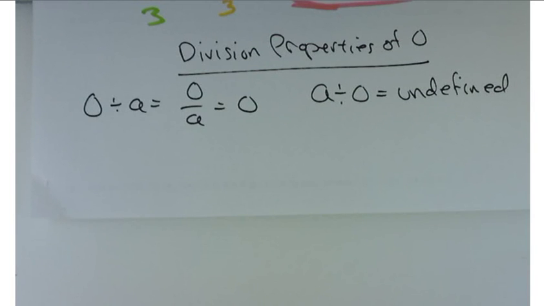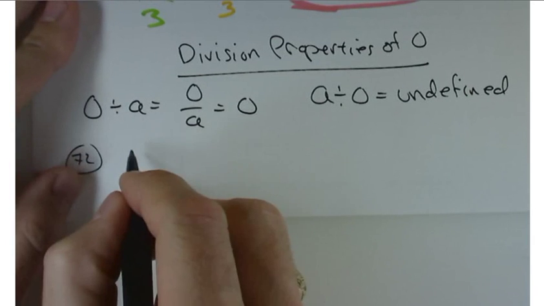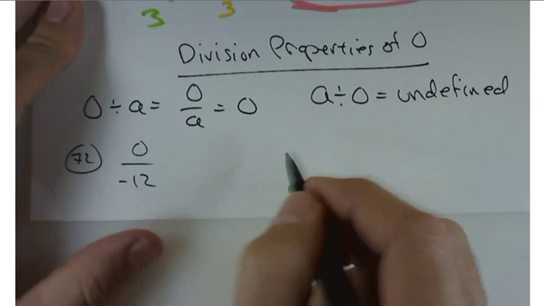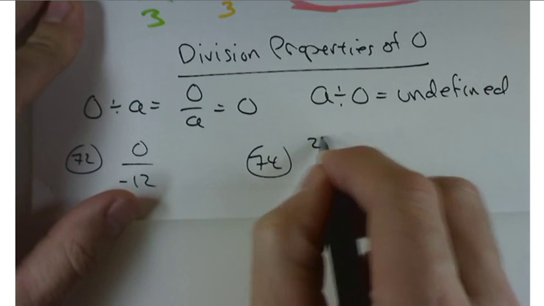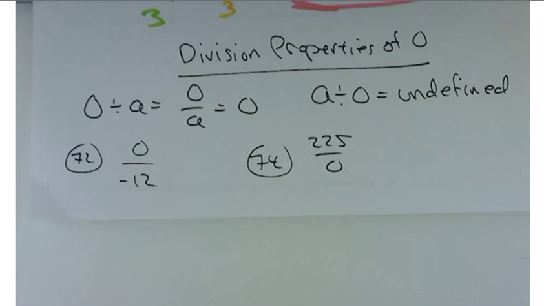Okay. So let's take a look at 72. 0 divided by negative 12. And 74. 225 divided by 0. Okay.